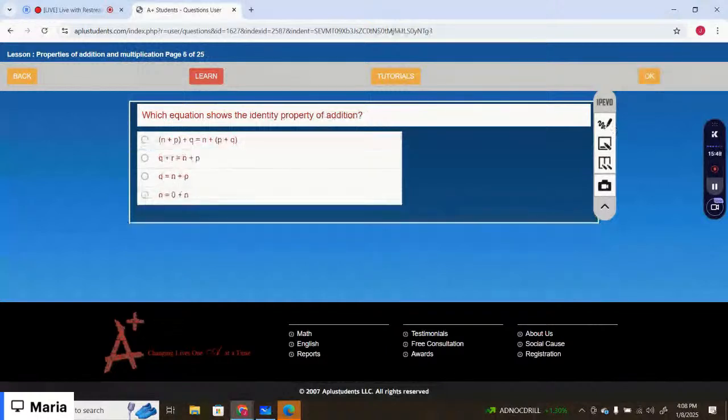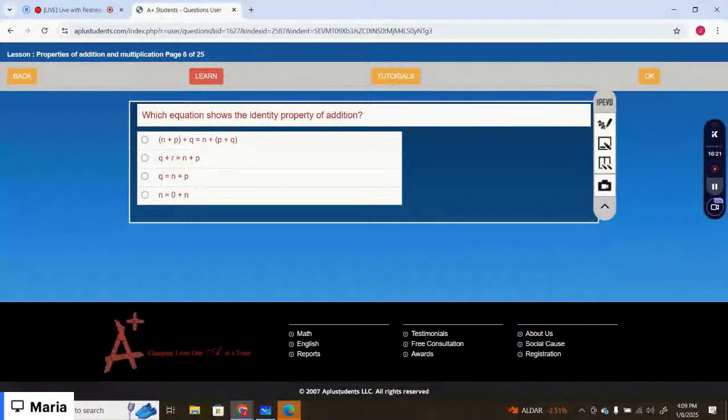Which equation shows the identity property of addition? So which is the correct option? That is n equals 0 plus n.